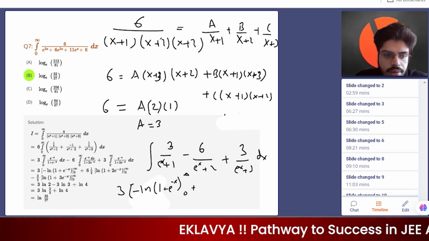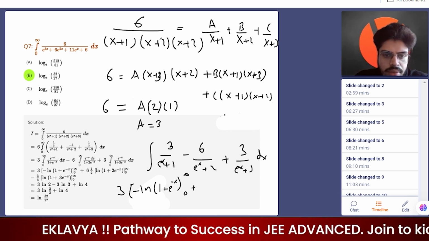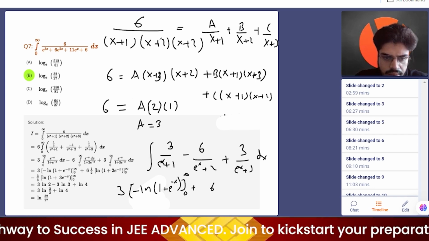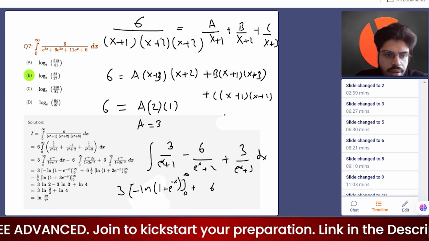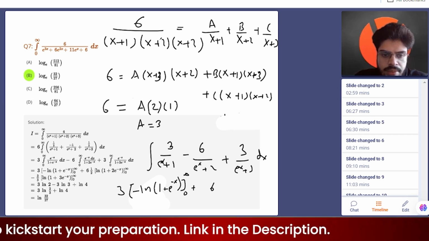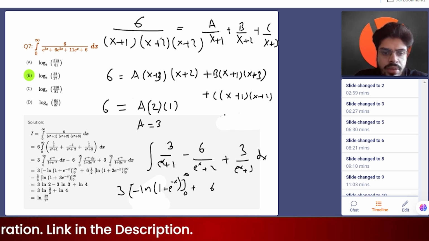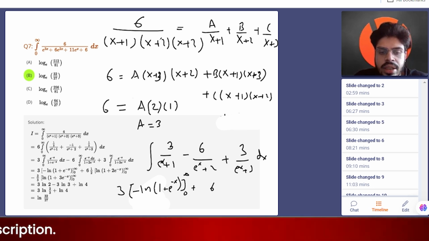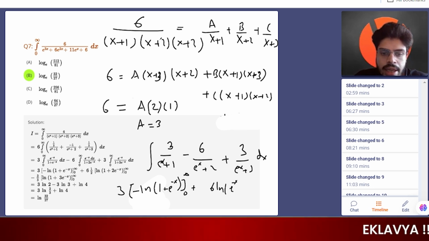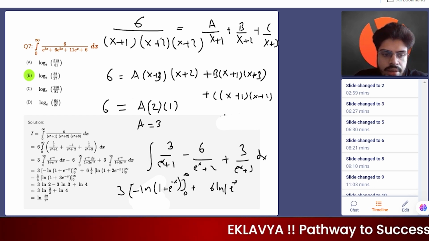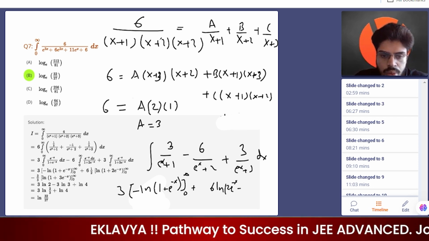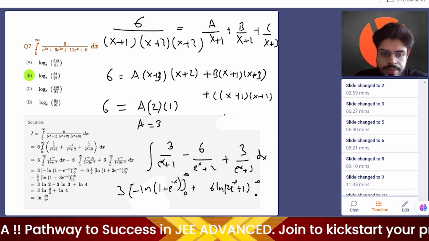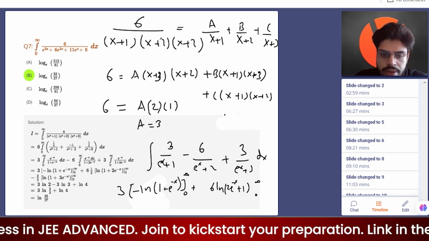Same here, 3 is here, so let me write 6 here. And this minus will become plus because another minus will come. If I take common e power minus x, this will become plus, and this will be ln of 2 e power minus x plus 1. This also goes from 0 to infinity.